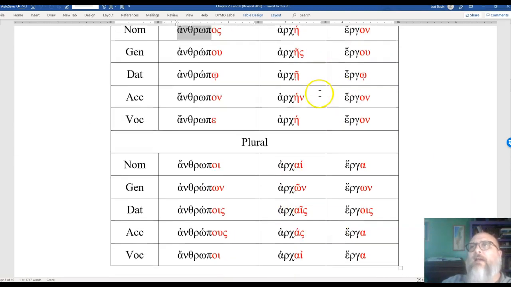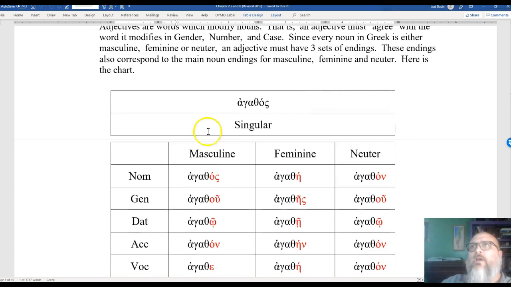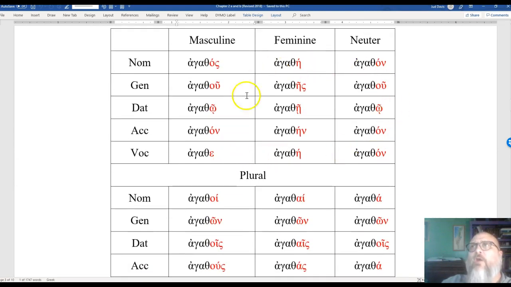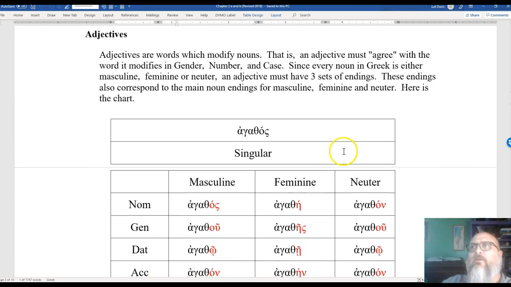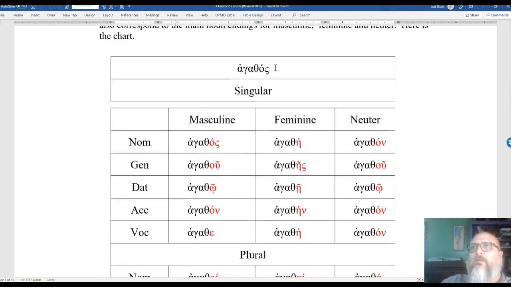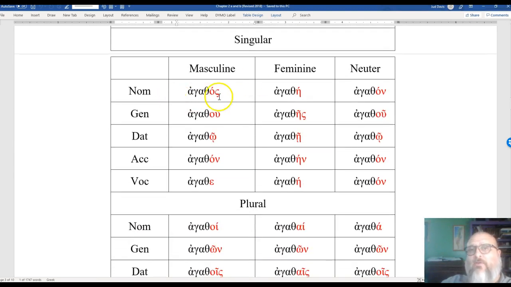Now, once you have that down, when you come to an adjective, it has to agree with the word it modifies in gender, number, and case. You already know all these endings because these endings are exactly these endings. So you have the word agathos, where we get the name Agatha Christie, the good woman, right?